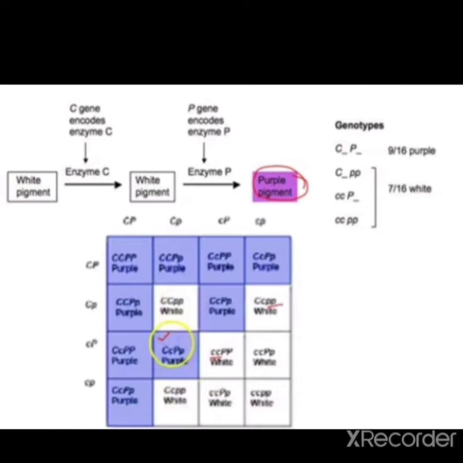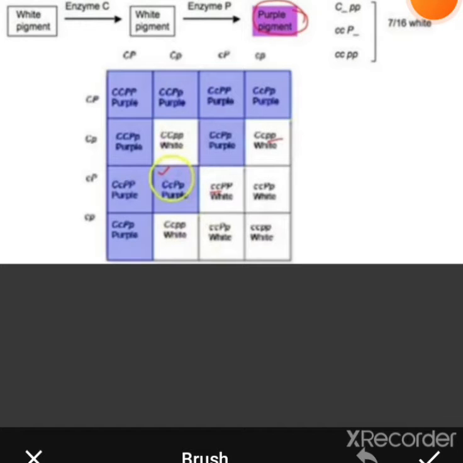Okay, so you can see in this picture, first is the white pigment. C encodes enzyme C, so with enzyme C it will be white pigment only. Then P encodes enzyme P, which leads to the purple pigment. So when both the alleles are in the dominant form, only then are we getting the purple pigment.